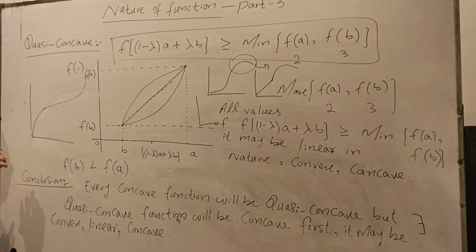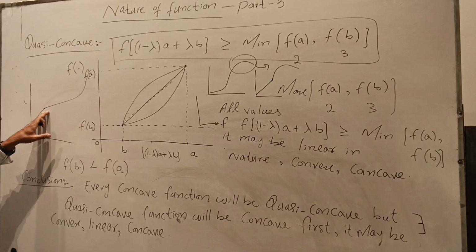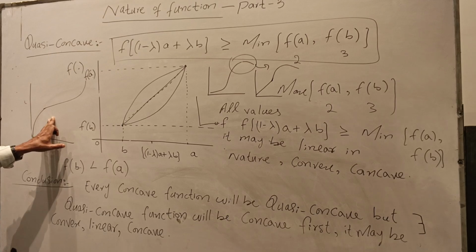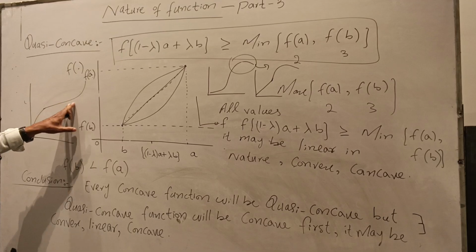Another important thing: what is the second order condition? The second order condition is that mathematically your second derivative is negative or positive. Clear? So how will your second derivative be negative or positive? It means the second order condition will be satisfied in this case.